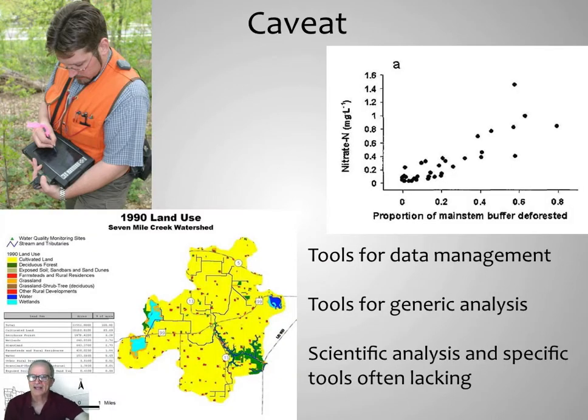Now, a couple of caveats. You have to have the scientific model of how a system works identified and make sure that it makes sense, that it has support, before you replicate or apply that analysis on a spatial basis in any GIS.